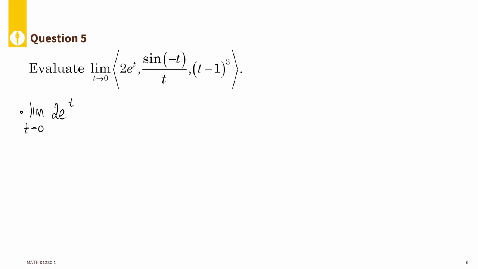Let's look at it component by component. What is that first limit? What is it? You're close. It's what? It's just 2. You were doing derivative.